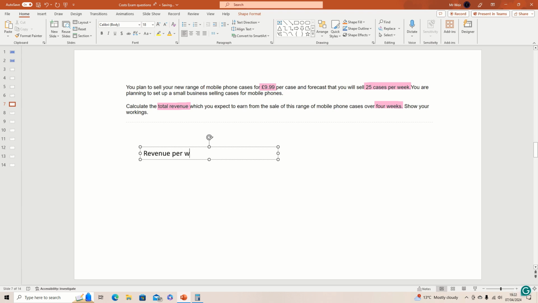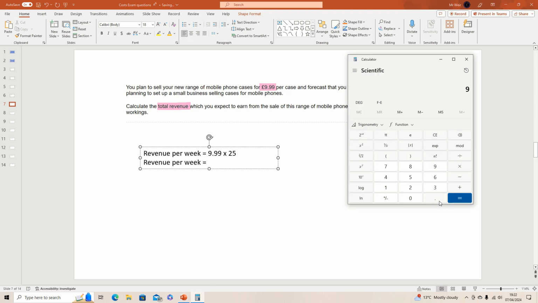Revenue per week equals £9.99 times 25. And we'll just type that into the calculator.